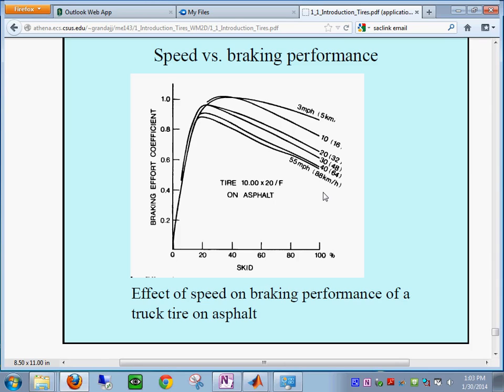Yeah, so this is a measure of how much it would skid, but I would say that for this, the one at 10 miles per hour is probably the best. See, 20 miles an hour, 55 you get the lowest braking coefficient.